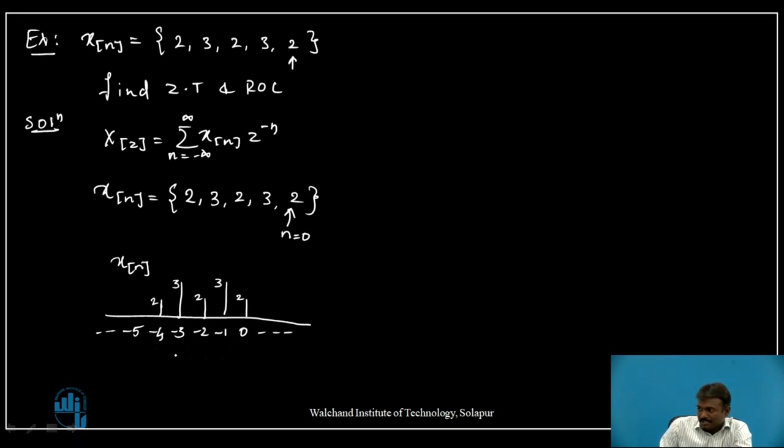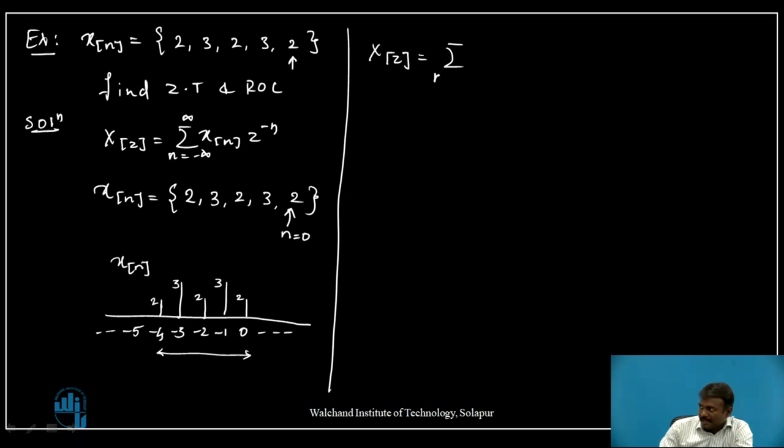Here from this graph we can see that the signal exists from n equal to minus 4 to 0. Therefore, the limits of the summation are written as X(z) is equal to the summation from n equal to minus 4 to 0 of x(n) z to the power minus n.